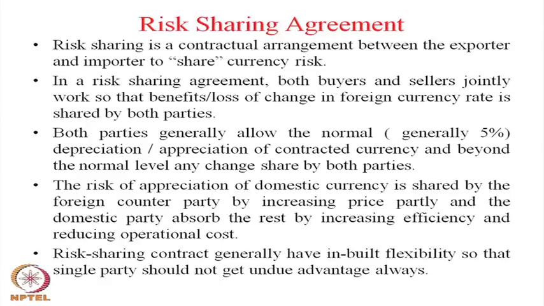by increasing efficiency and reducing operational cost. So, suppose up to 5%, they allow the foreign currency appreciation or depreciation. If it is more than 5%, then both parties try to absorb this in two different ways.